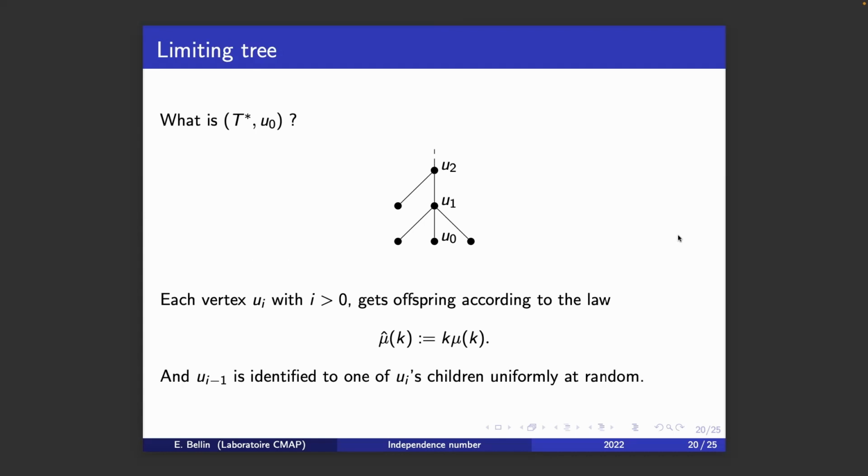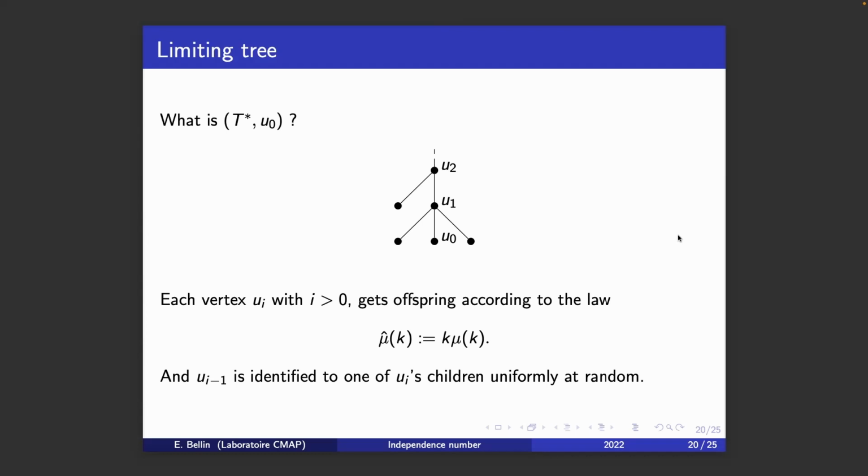Recall that mu has mean 1, so this is indeed a probability distribution. And each u(i-1) is identified as one of ui's children. So u0 is identified as a child of u1, u1 a child of u2, and so on.